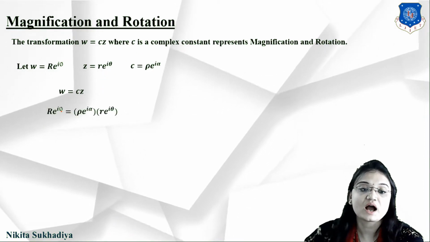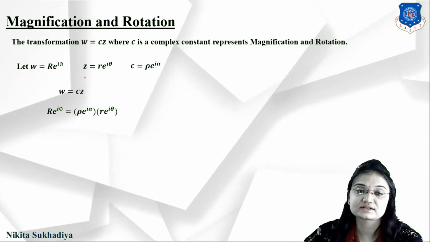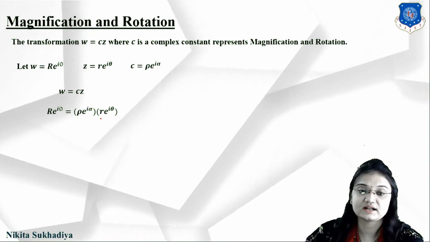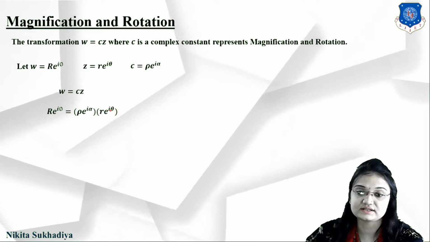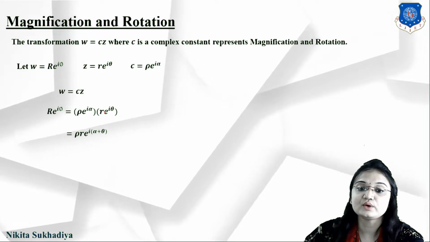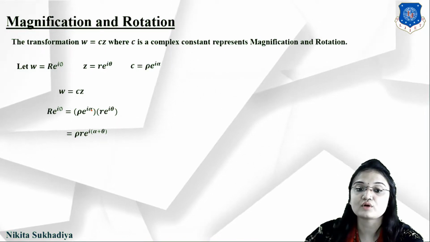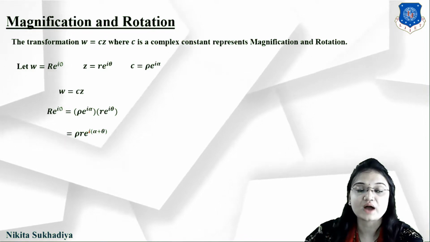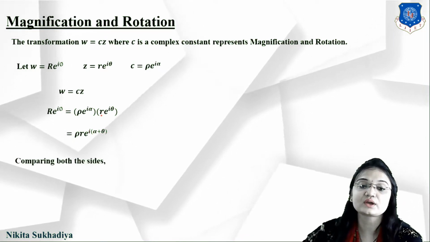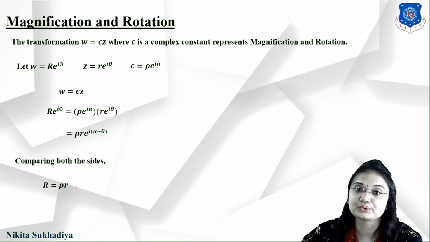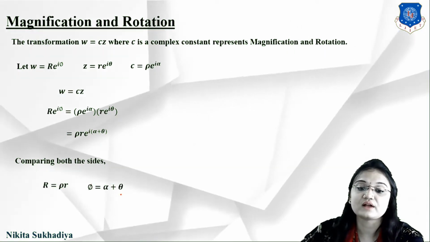R e raised to i phi is W, rho e raised to i alpha is C, and R e raised to i theta is Z. By taking rho and R common and adding the powers of the exponential, this becomes rho R e raised to i (alpha plus theta). Comparing both sides, we get R is equal to rho R and phi is equal to alpha plus theta.